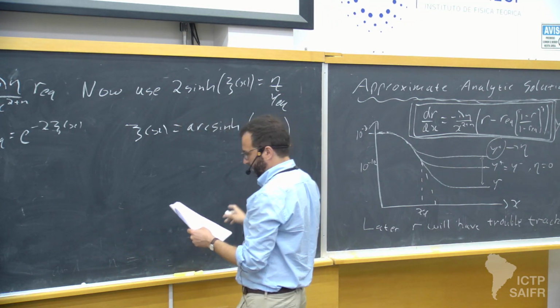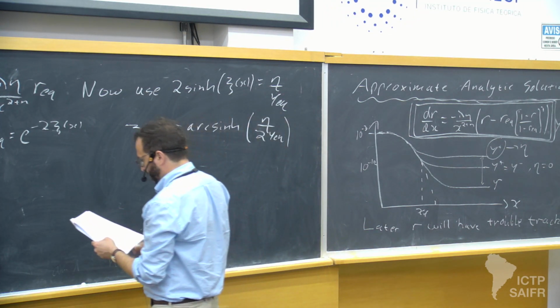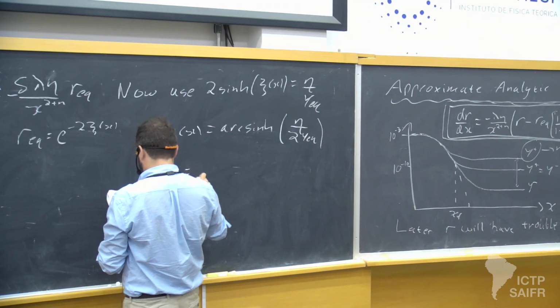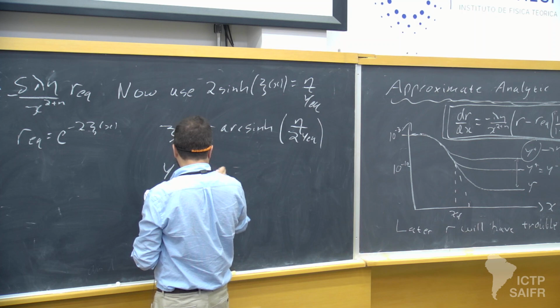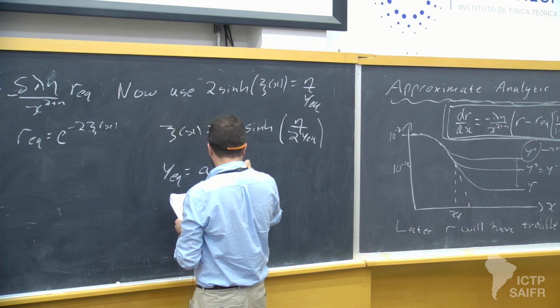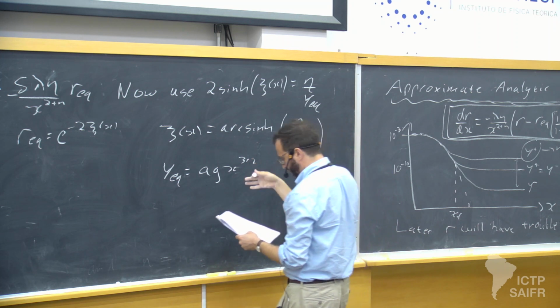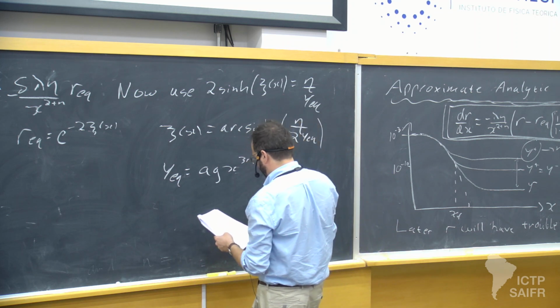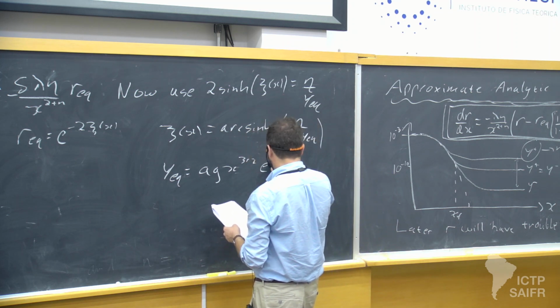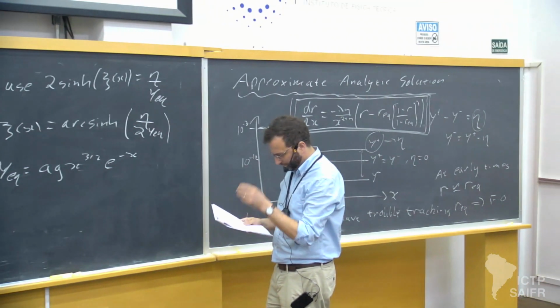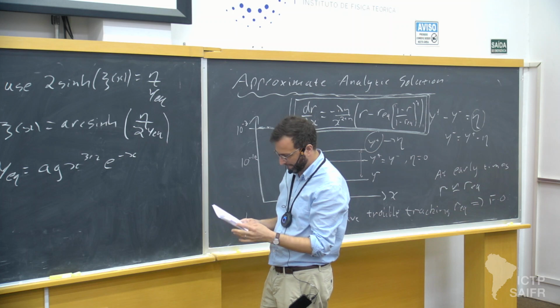So we have this. Now, you can remember that y equilibrium is a g x to the 3/2 times e to the minus x, where a I defined in the last lecture, like 0.15 or something.